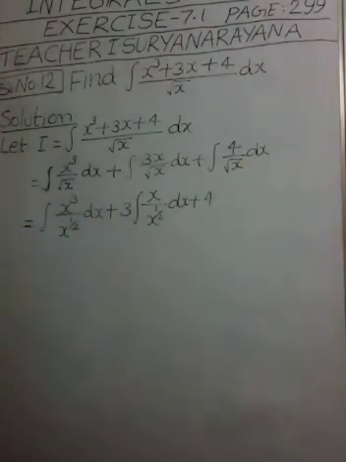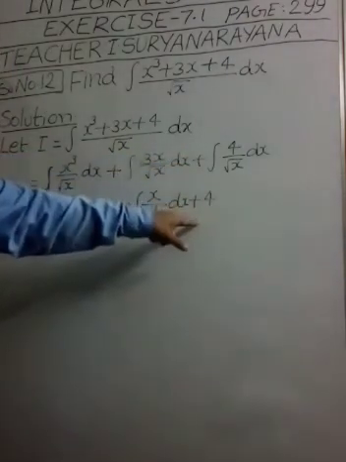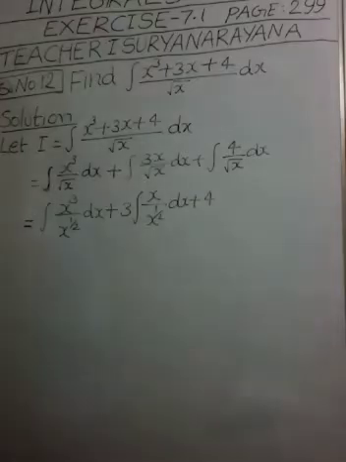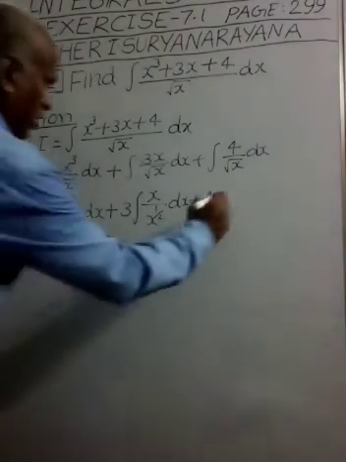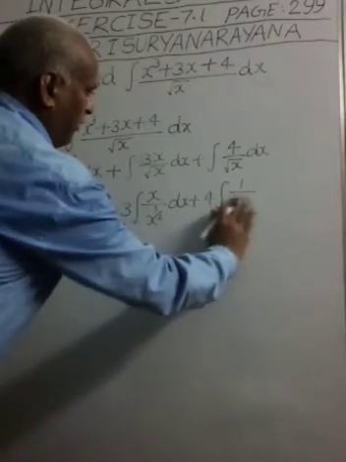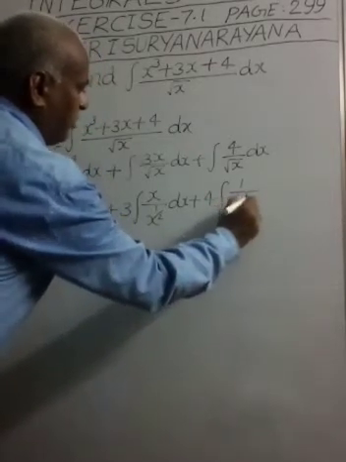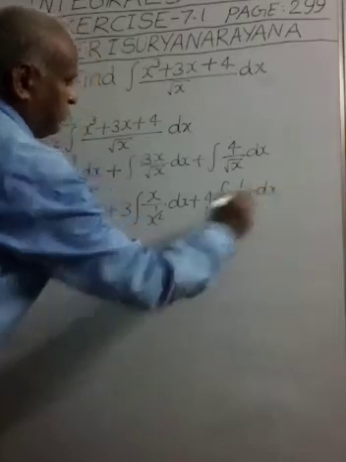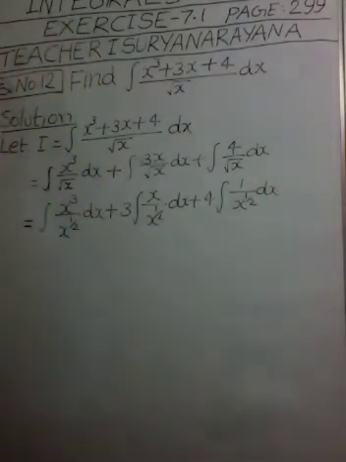Understood the second term, my children? Right. Come to the third term. Plus 4 is a numerical coefficient, so 4 into integral 1 by x to the power of 1 by 2 dx. Understood this last term, my children?